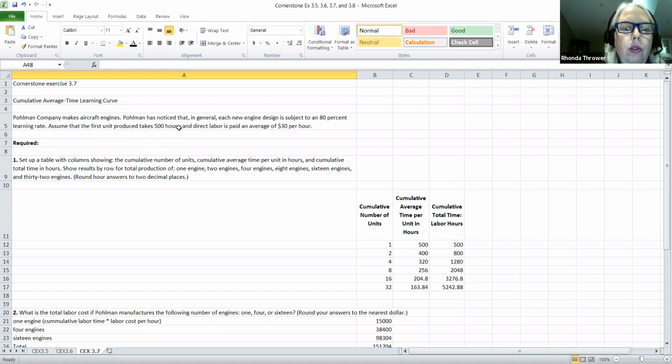Pullman has noticed that in general, each new engine design is subject to an 80% learning rate. So what that means is the first unit that they manufacture, it might take them the entire 100% of the time, but by the time they manufacture a second unit, it will take them less time. And that less time is 80%.